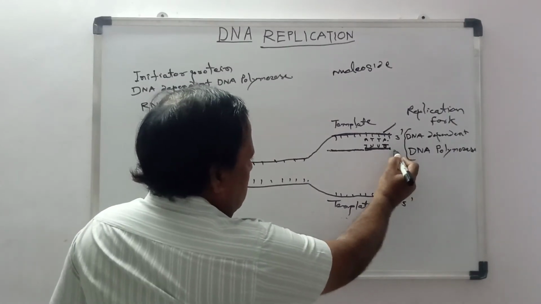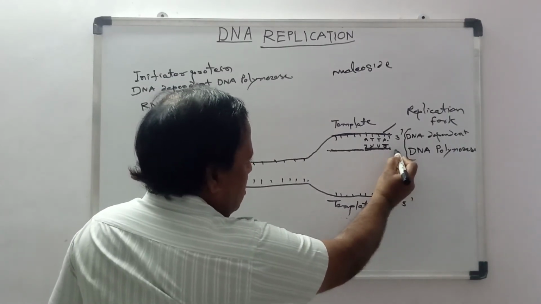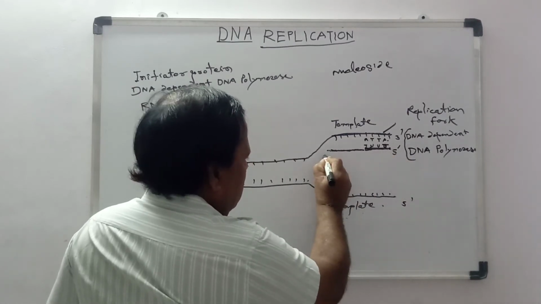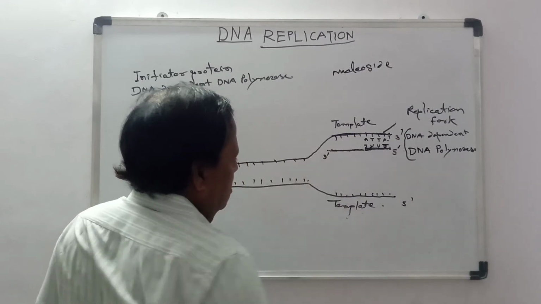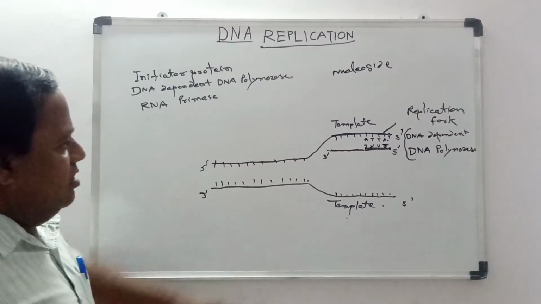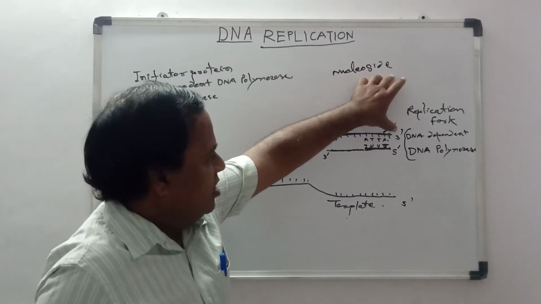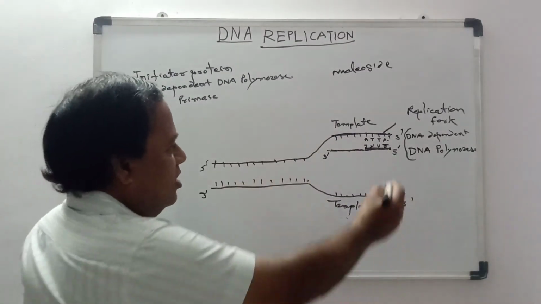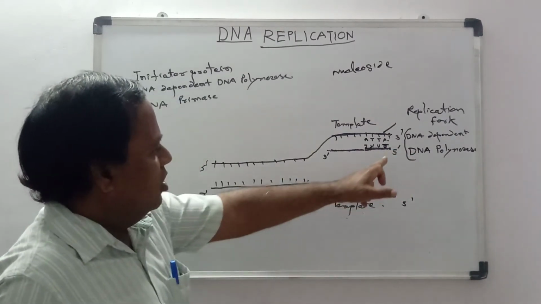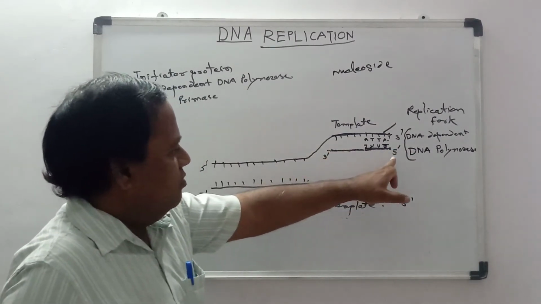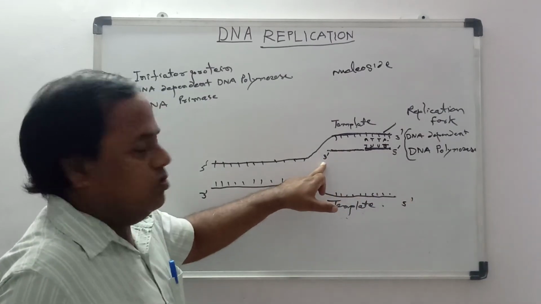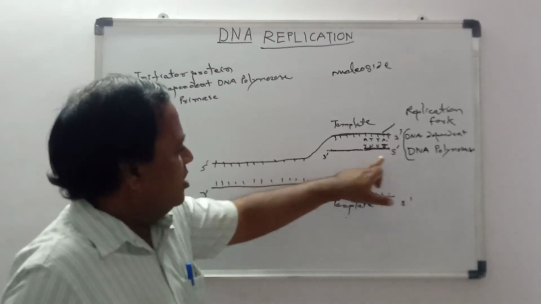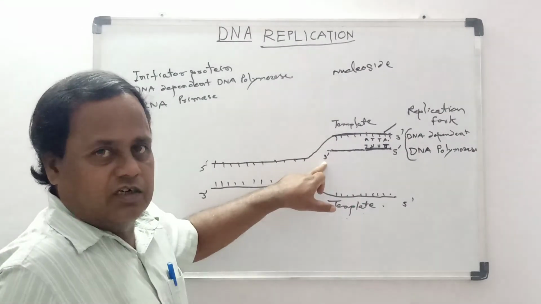Now this new strand formed has the polarity of, this will be 5' end and this will be 3' end. It is quite obvious. This is 3' end, hence this will be 5' end. So the DNA dependent DNA polymerase polymerizes the new strand from 5' end to 3' end.